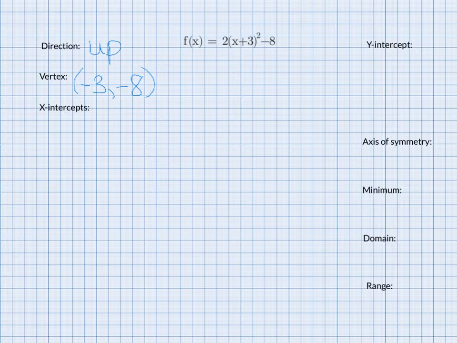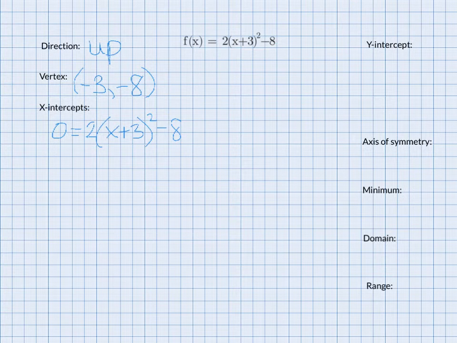Now in order to find the x-intercepts, the next thing, we have to let y equal 0. So when we let y be 0, we end up getting 0 equals this whole thing, 2 times the quantity x plus 3 squared minus 8.